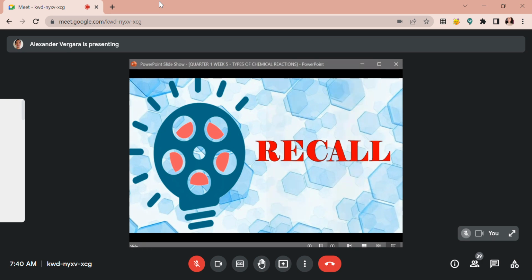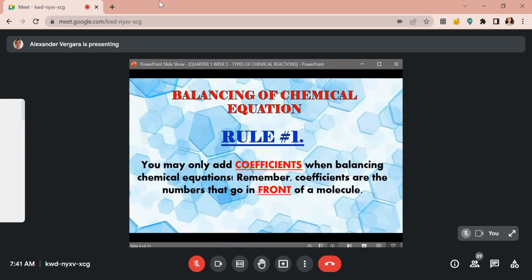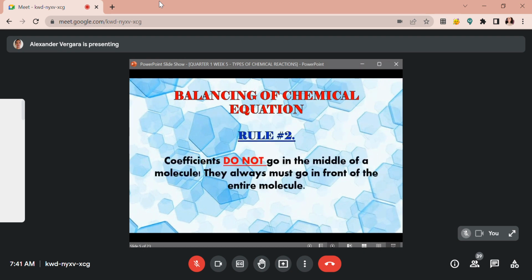So just to recall the balancing equation, always remember rule number 1: you may only add coefficients when balancing chemical equations. And coefficients are the numbers that go in front of a molecule. For example, this one. Coefficients do not go in the middle.